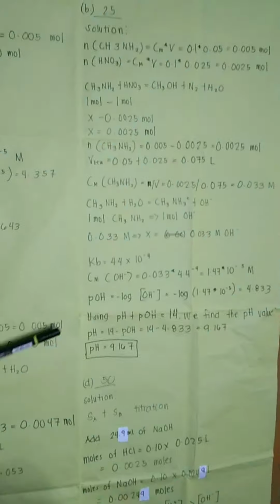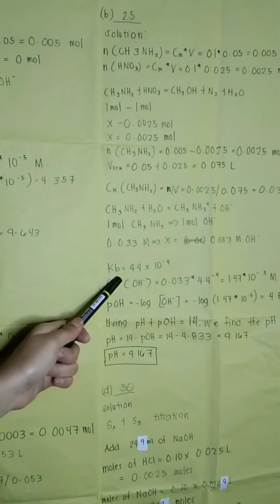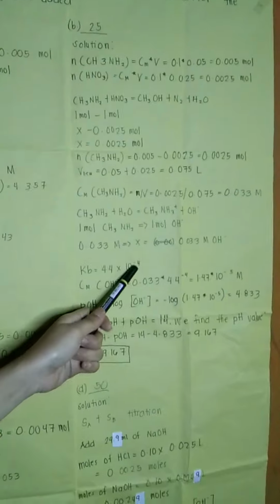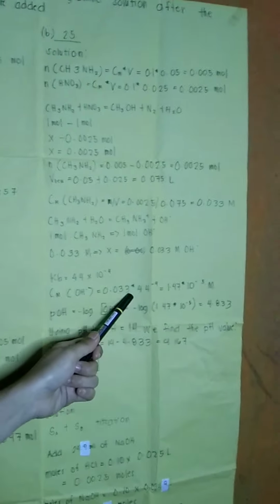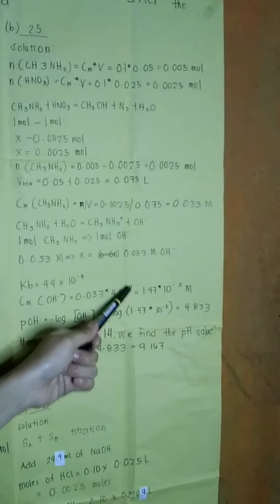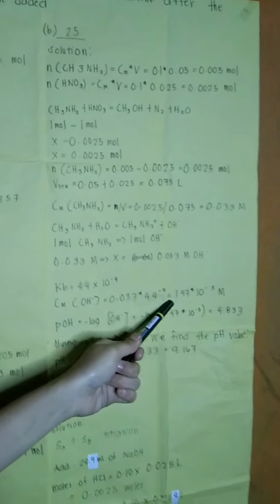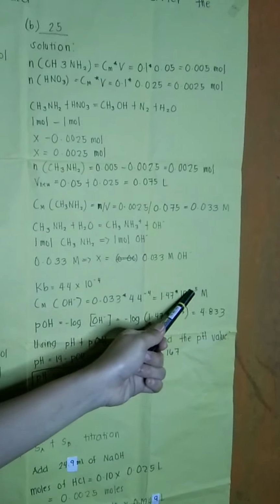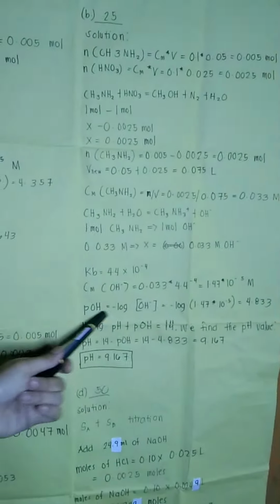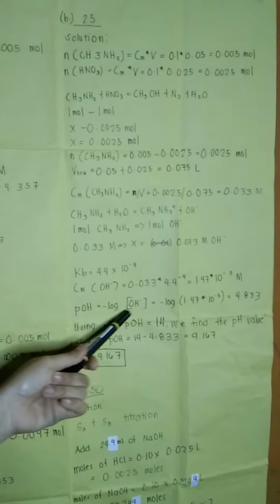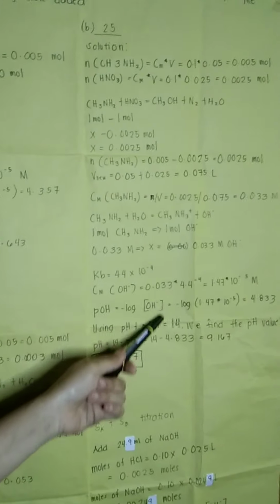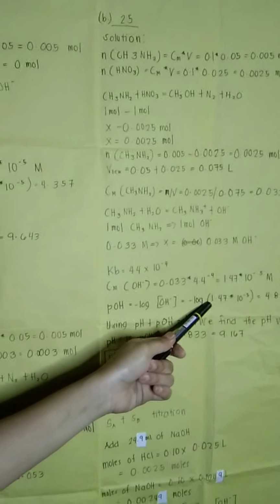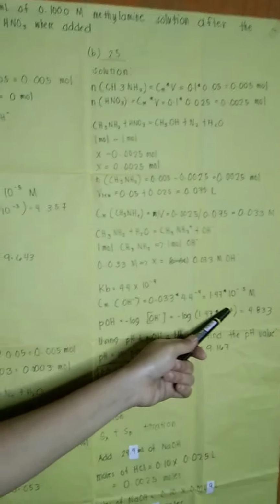For this reaction, at equilibrium, Kb equals 4.4 times 10 negative 4. Cm of OH negative equals 0.033 times 4.4 times 10 negative 4 equals 1.47 times 10 negative 5 molarity. pOH equals negative log of OH negative equals negative log of 1.47 times 10 negative 5.